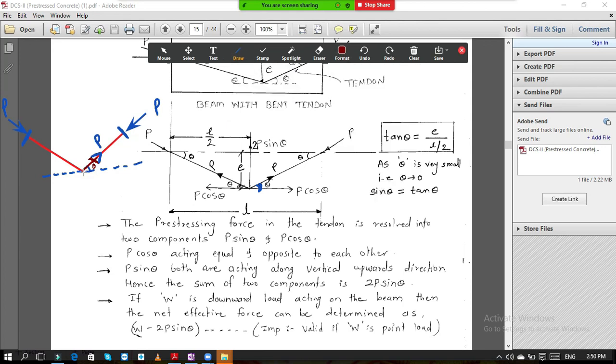So you will get one line parallel to x-axis, another line parallel to y-axis. Okay, now if you draw the arrows on these lines, so this is the arrow. So here this will become P cos theta, and this will become P sin theta.